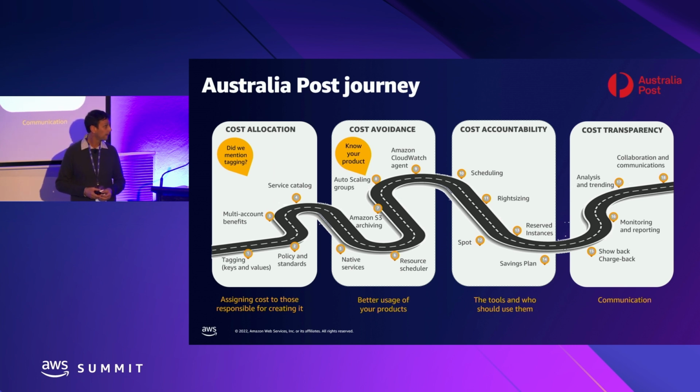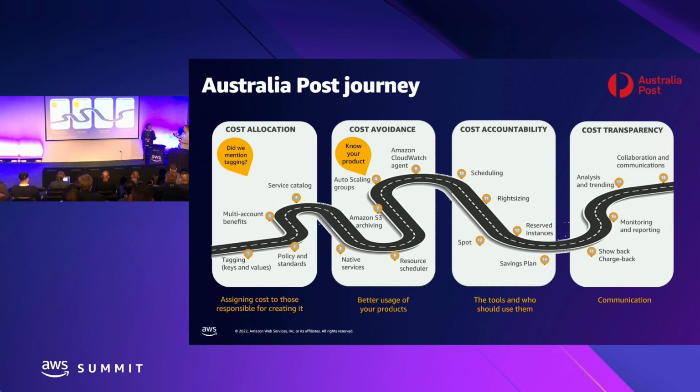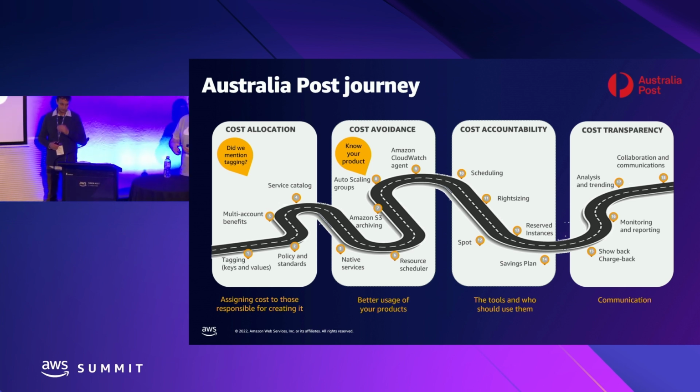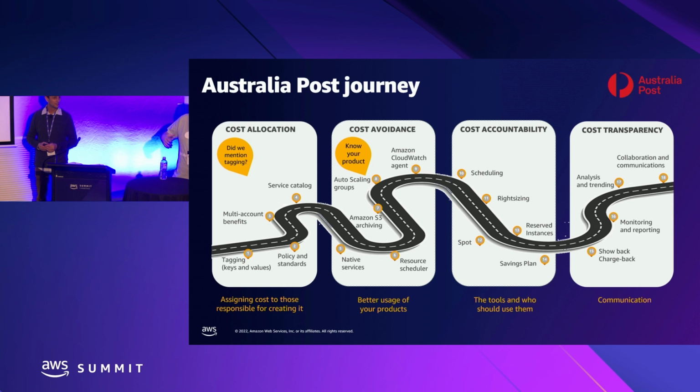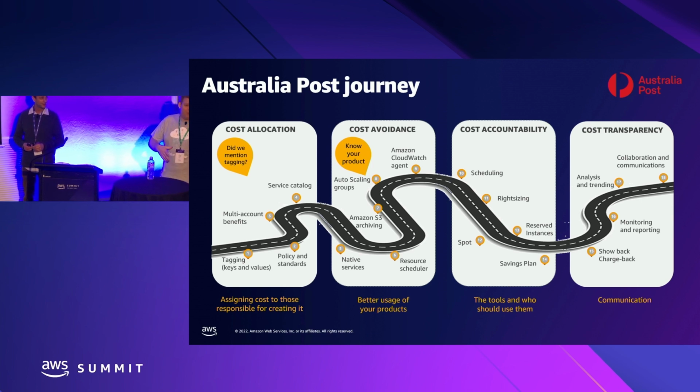Just to jump in there, you made a really good point about the way that you plan accordingly for that cost accountability. If you just jump in, start right sizing, start affecting potentially prod and dev environments without consulting the teams that are using them, chances are you're going to get people yelling at you on Monday morning if you've turned their instances off.